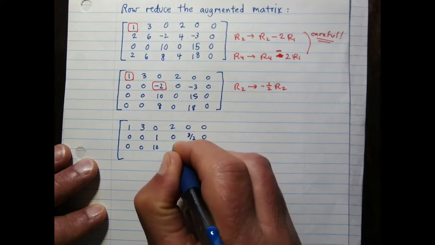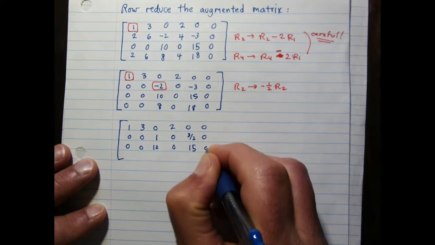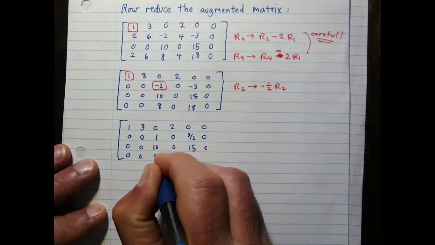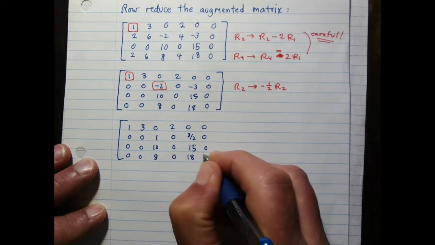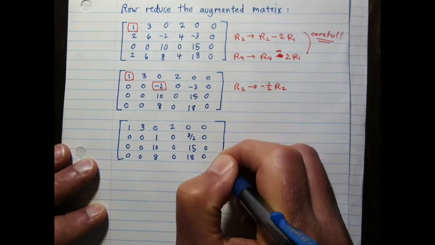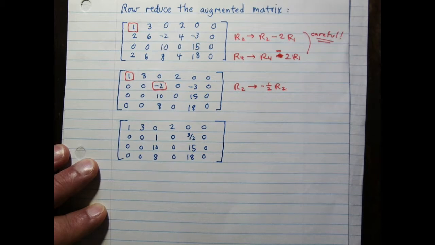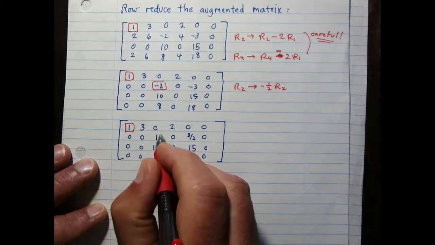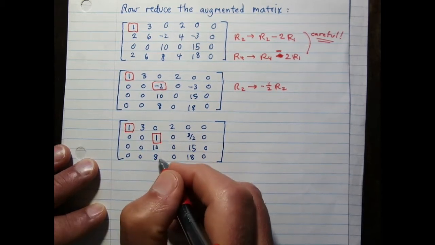And now I'm recopying. Okay. And what I want to do is I want to get zeros below my pivot position here of 1.